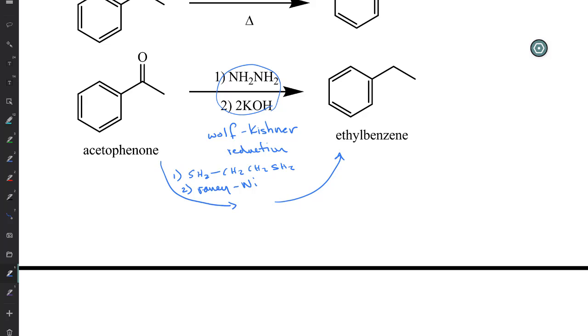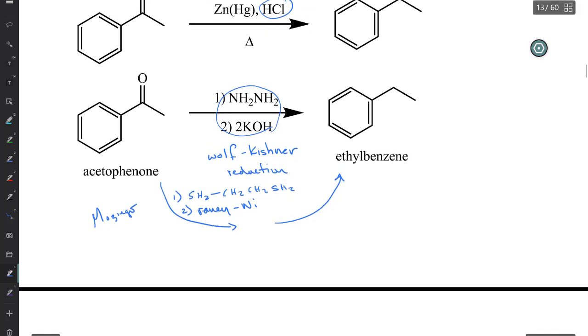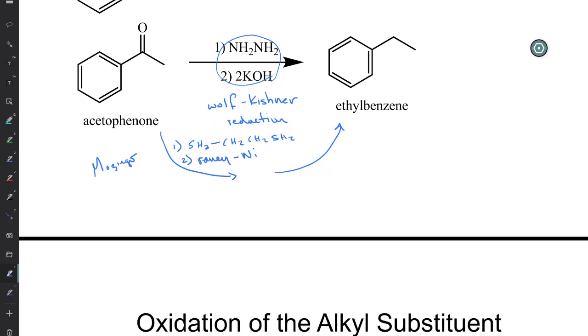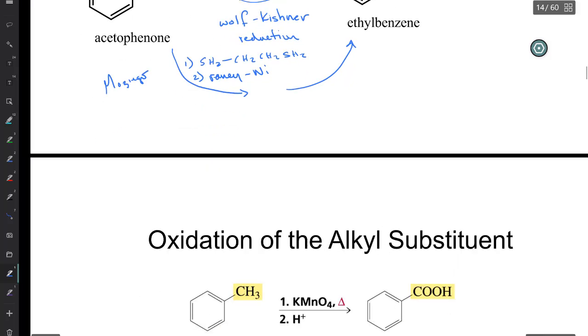The advantage of the Mozingo reduction is that it's done in relatively mild conditions. And remember, protecting groups can be affected by strongly acidic and sometimes strongly basic solutions. And so a Mozingo reduction gets away with not having to use those kinds of things.